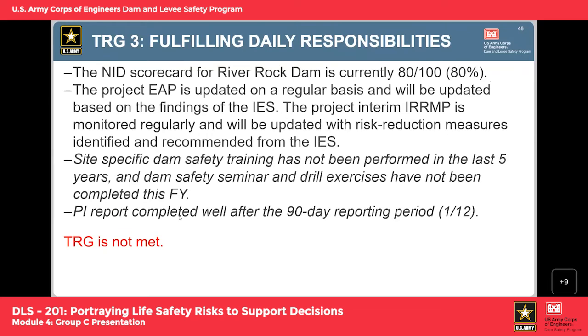And the PI report kind of stole some of my thunder from the last presentation: they were well past the grace period, and got 1 out of 12. I don't know whether that means they just actually produced it, as opposed to some of these other PAs that are outstanding for years. But we thought this shows a consistent basis of not meeting the dam safety specific expectations for daily responsibilities, so we decided it was not met.